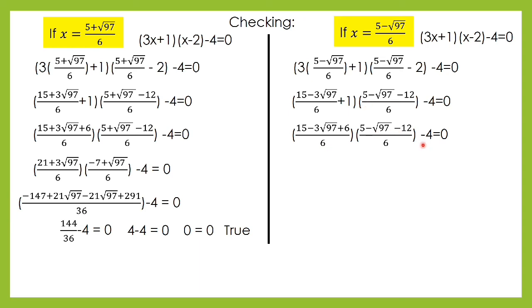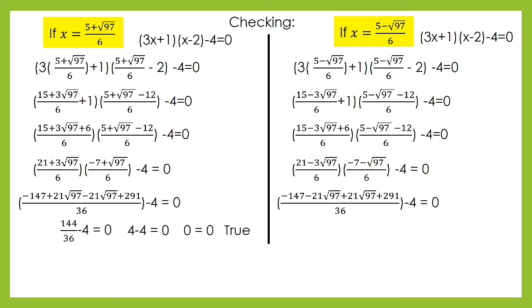Minus 4 equals 0. And then simplify, 15 plus 6 is 21 minus 3 square root of 97 all over 6. 5 minus 12 is negative 7 minus square root of 97 all over 6 minus 4 equals 0. Okay, product FOIL method. Okay, 21 times negative 7 is negative 147.